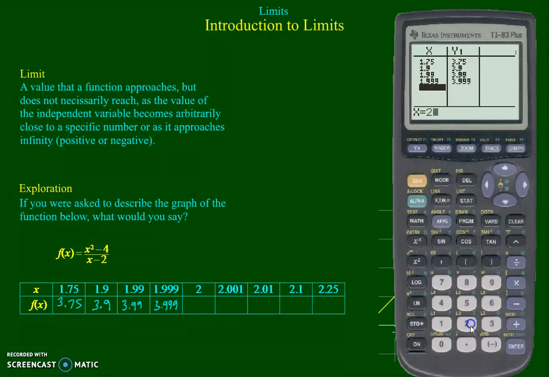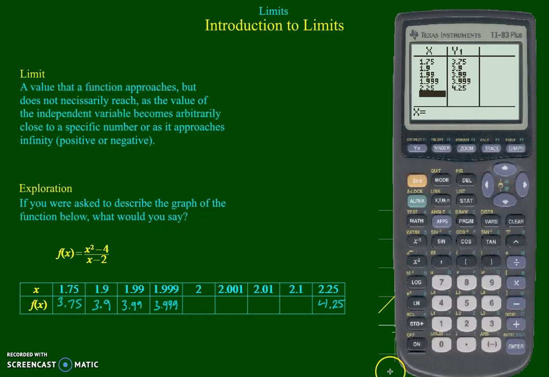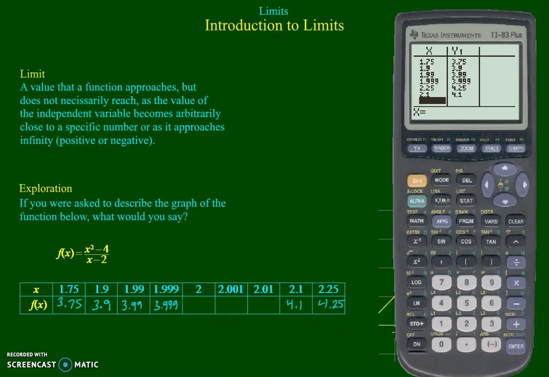Let's type in 2.25, which gives us 4.25. Let's do 2.1. We get 4.1. Let's do 2.01.